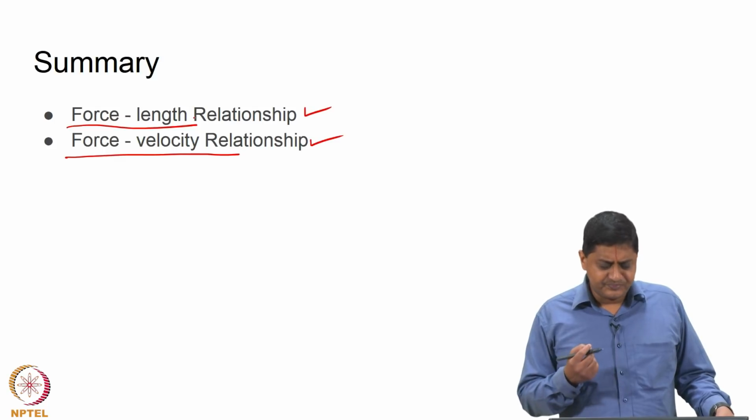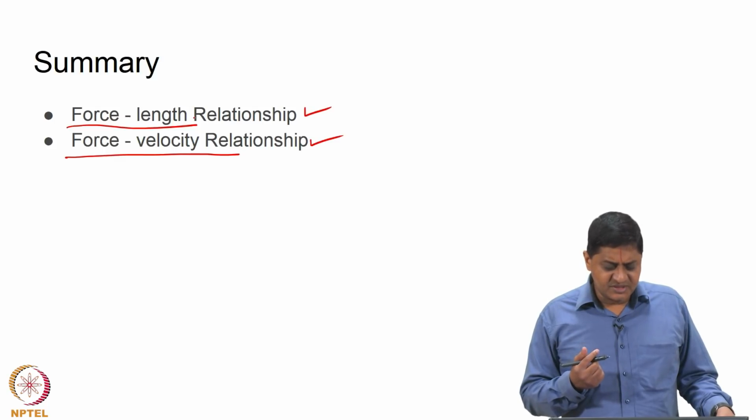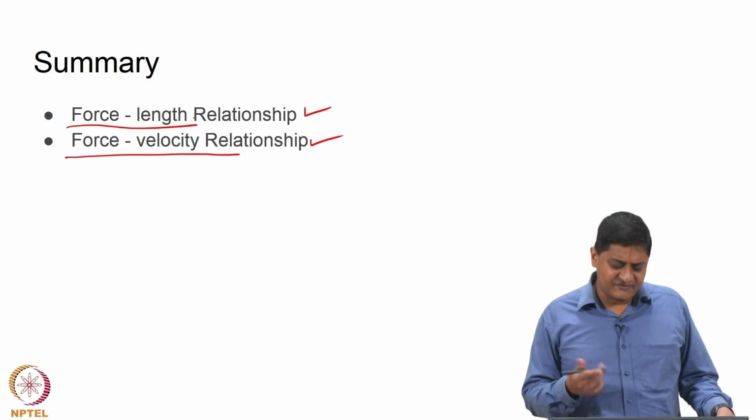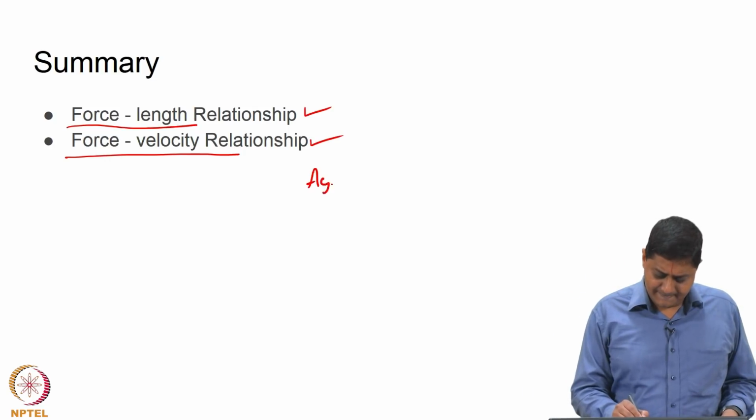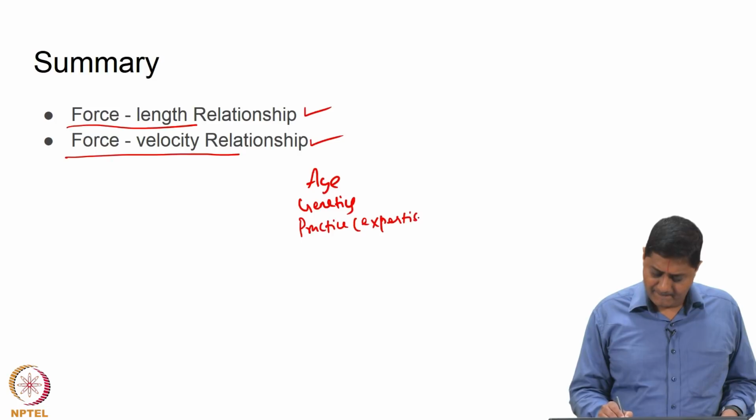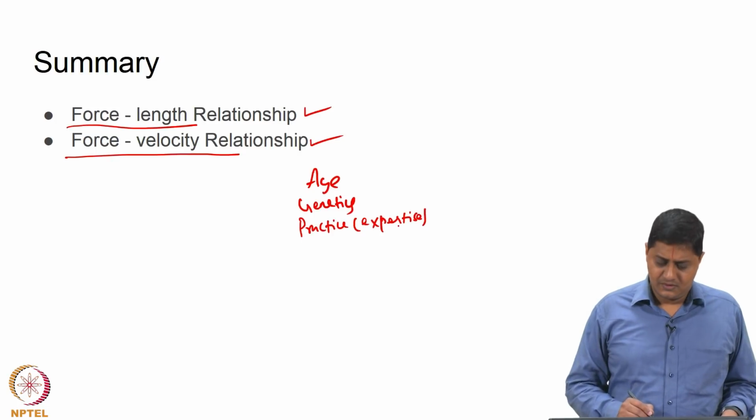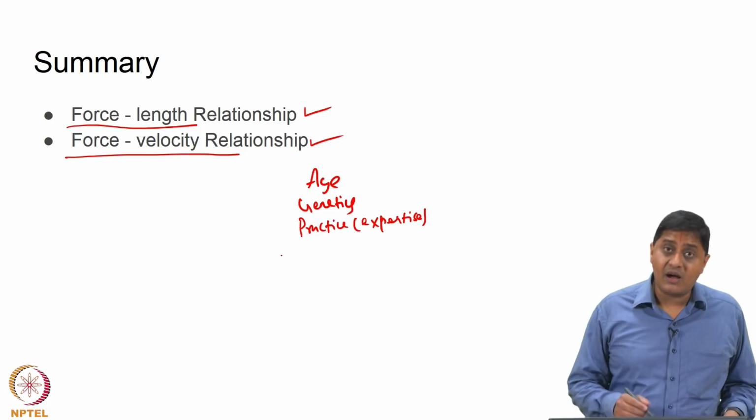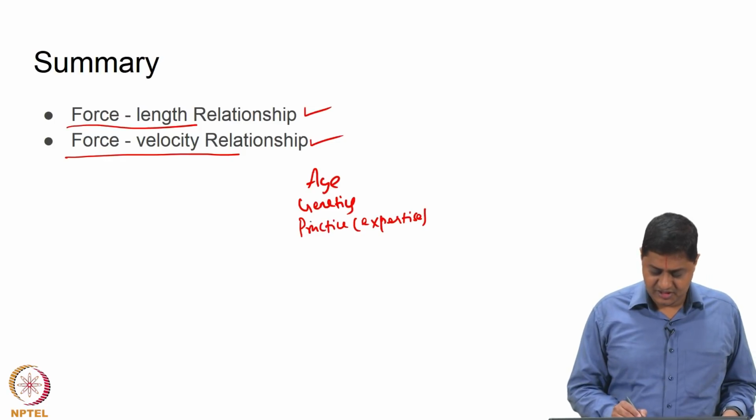So, basically it is possible that a given person can only improve so much. It is a function of age, genetics, practice level or expertise level, and of course, it is probably a function of the psychological state also.